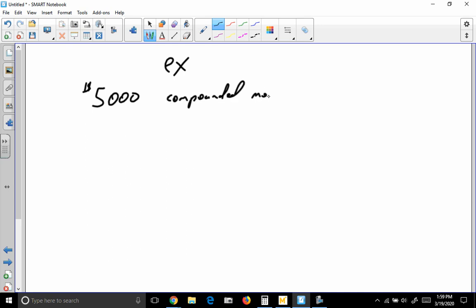There are 12 months in a year, so compounded 12 times a year, so n equals 12. We're going to be paying at an interest rate of 5%, and we're going to take 5 years to pay this back. And we want to find out how much we are actually going to be paying back.